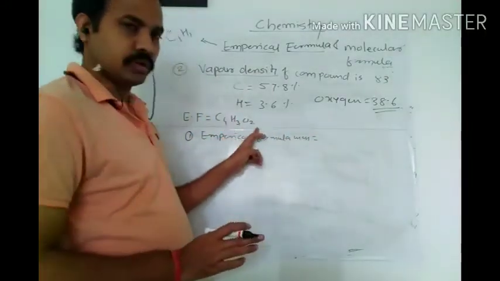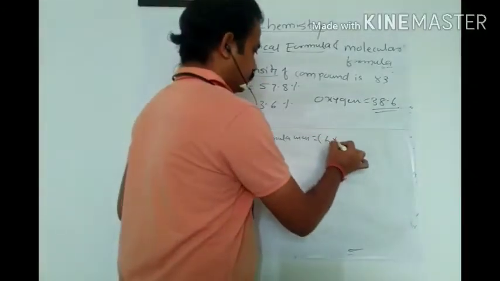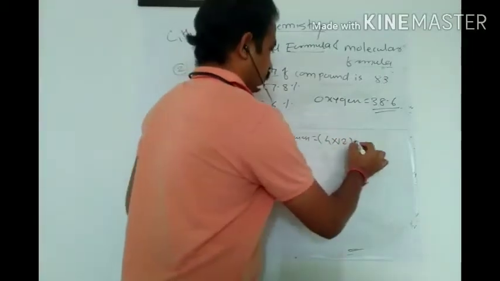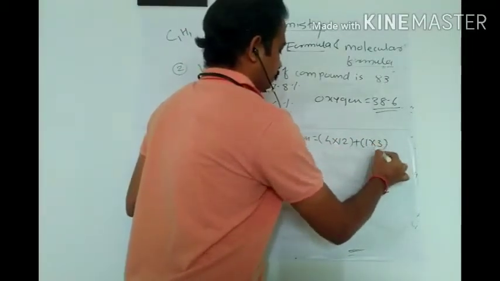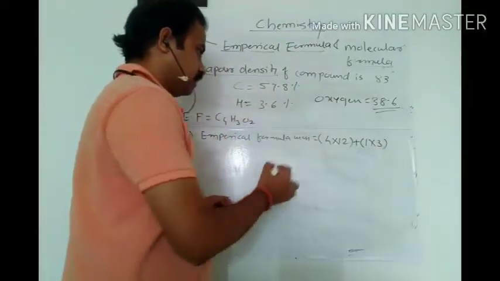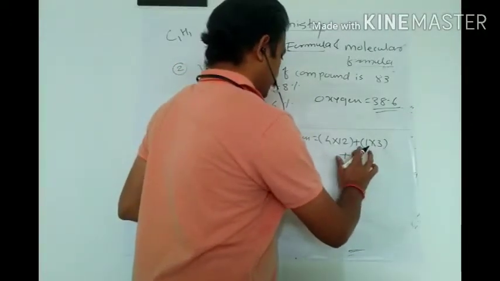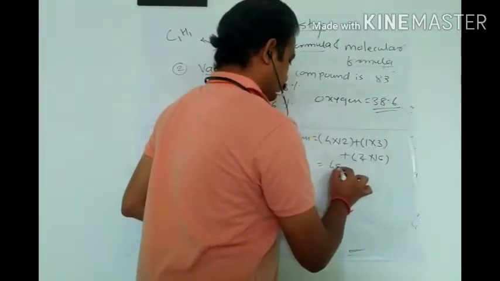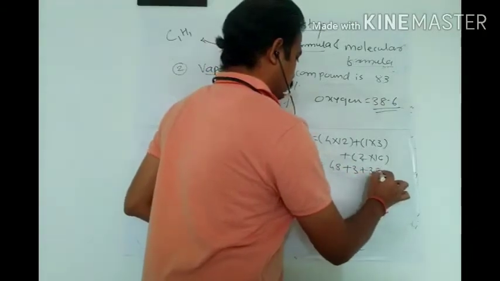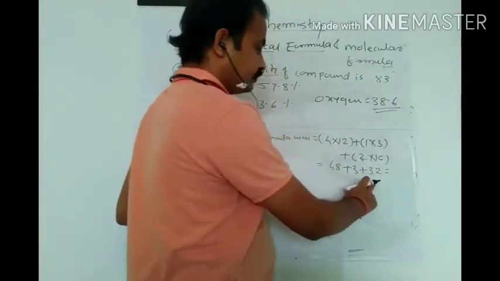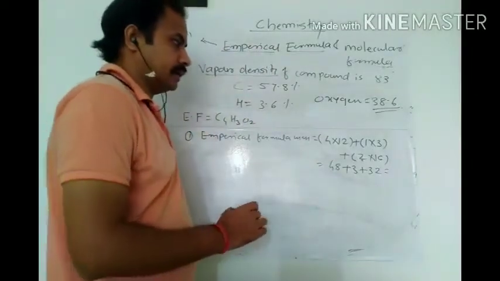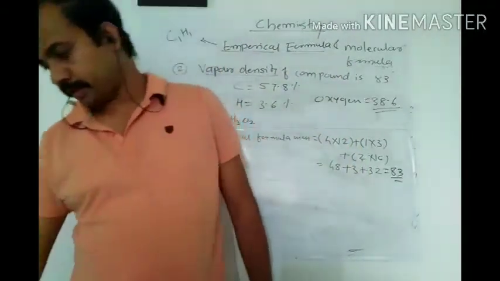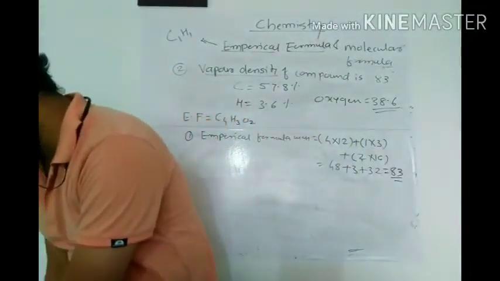Simply we have to calculate the mass. For 4 atoms of carbon, 4 into 12, plus 3 atoms of hydrogen, atomic mass 1, and plus 2 atoms of oxygen, 2 into 16. So 48, 3 plus 32, it becomes 83, isn't it? I can write down the empirical formula mass is found to be 83 units.